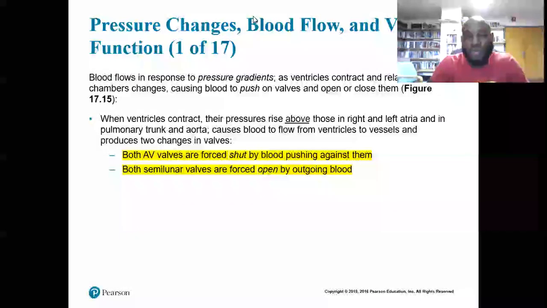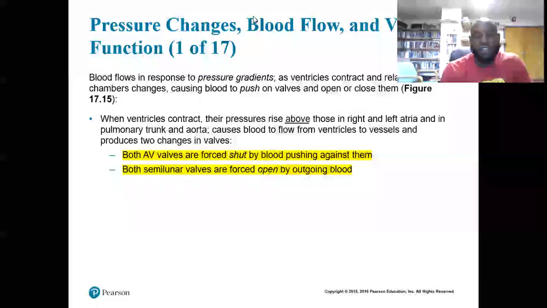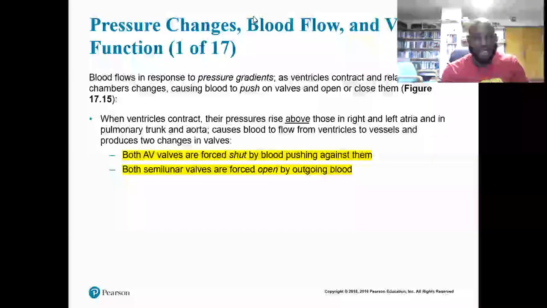So blood flows in response to pressure. I like to use the example of a hose at times, and you talk about blood flowing through the arteries, but it also helps you understand the blood flow in the heart as well. If you increase the pressure on a fluid, it's going to flow.